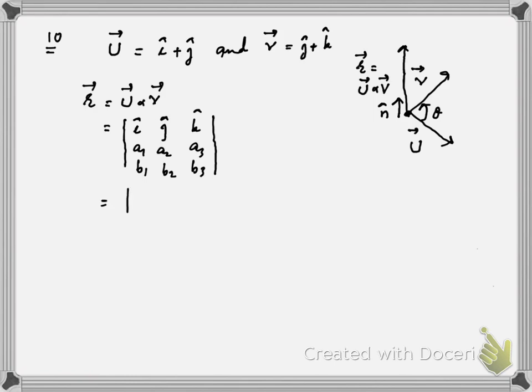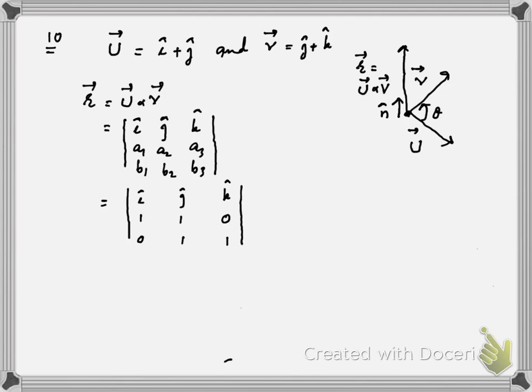Now it is equal to i j k, then a1 a2 a3 are 1 1 0, and b1 b2 b3 are 0 1 1.